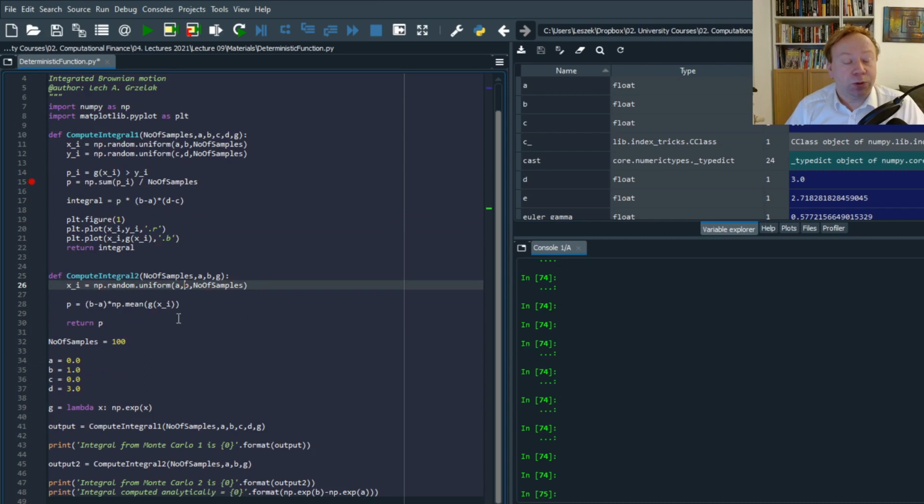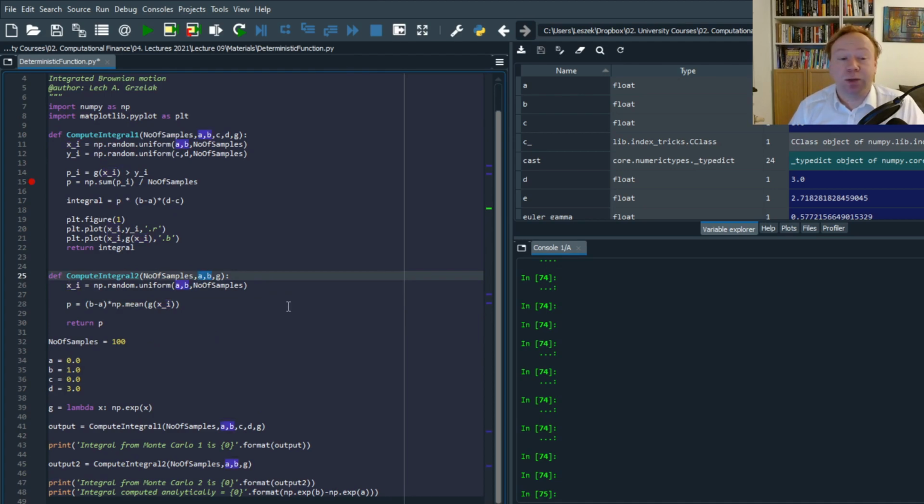And for the other approach, we again sample from uniforms a and b, and we calculate the mean of g of xi and multiply by b minus a. This is what we have seen already in the slides. Only one thing to keep in mind: in the first approach, we have 2 more values that we need to specify.